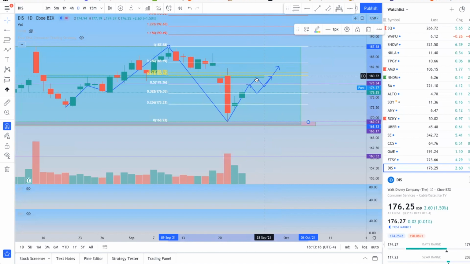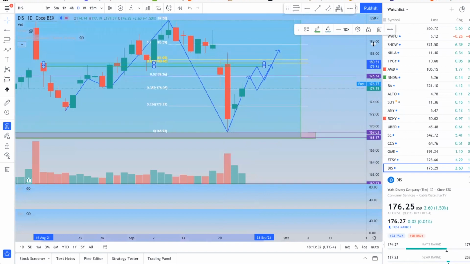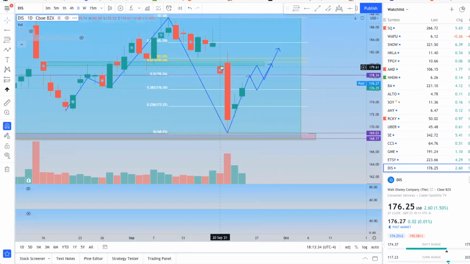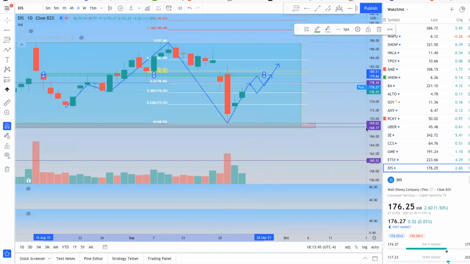But if it crashes like here and goes back, at least I save 50%. And if it does happen, there's a level right here which is very close. If I zoom in, see that level? That's 179. If it goes down, I would just sell everything. The way I trade, I'm overly protective.